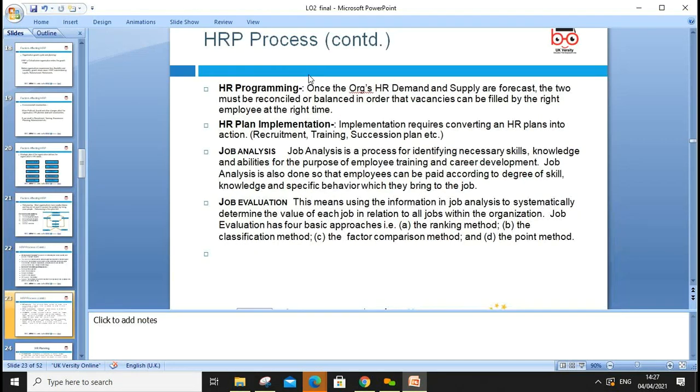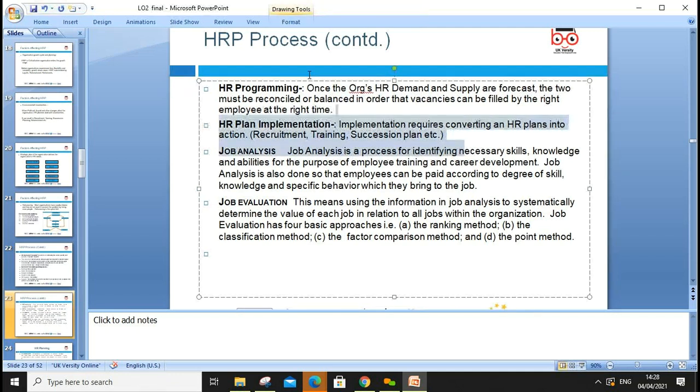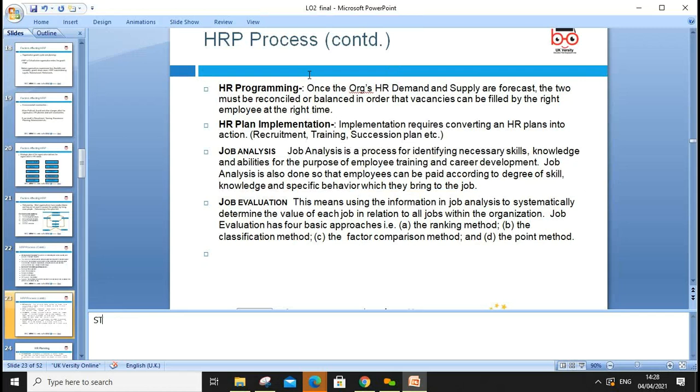We need to make sure of this from the company point of view as well. For HR programs, we need to look at supply forecast and the balance between vacancies and fills. For HR plan implementation, job analysis is the process of identifying the necessary skills, knowledge and abilities. In the last lesson we discussed the STAR method.